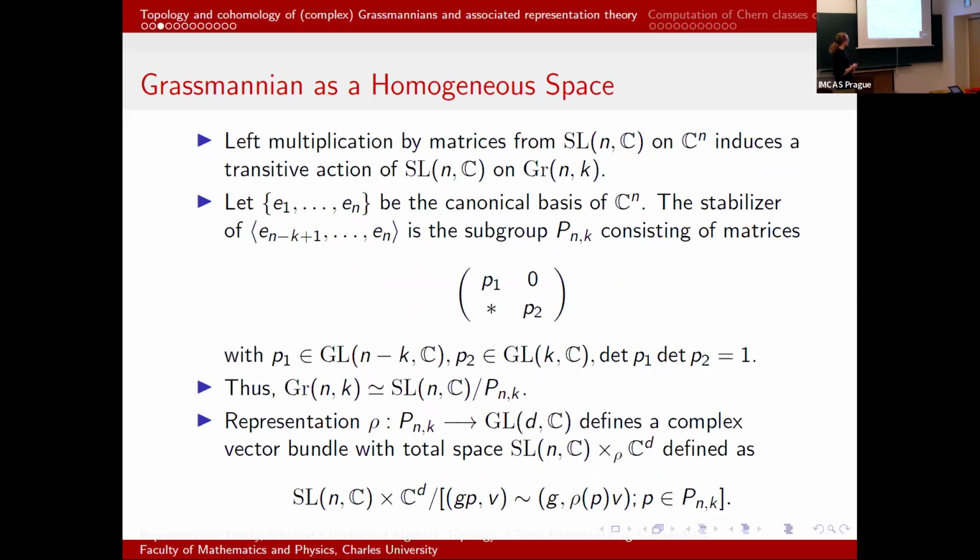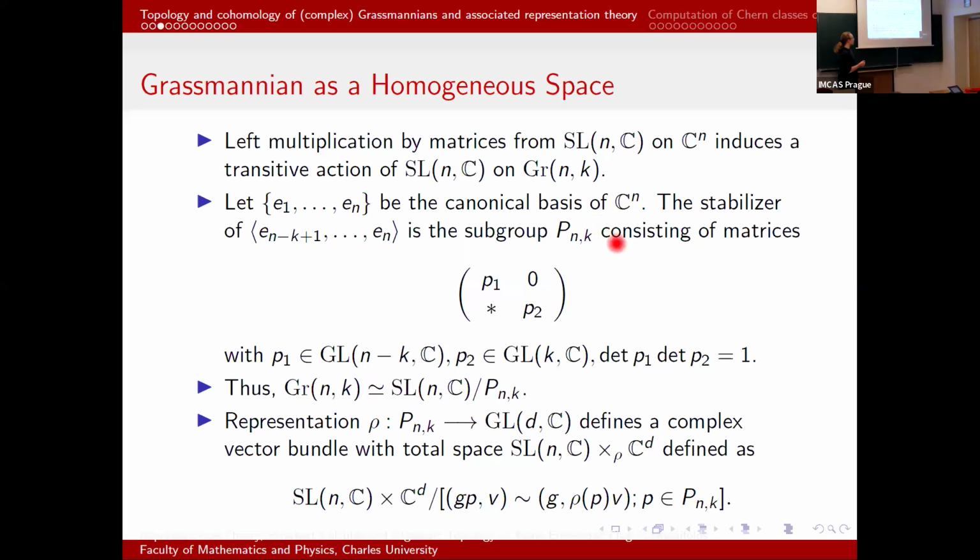Okay, so now just some recollection of the representation theory. The complex Grassmannian admits a transitive action of the special linear group SLn, induced by the canonical action of SLn on Cn. If we denote by e1 up to en the canonical basis of Cn, then the stabilizer of the k-dimensional subspace generated by the last k canonical vectors is the subgroup which we denote by P(n,k).